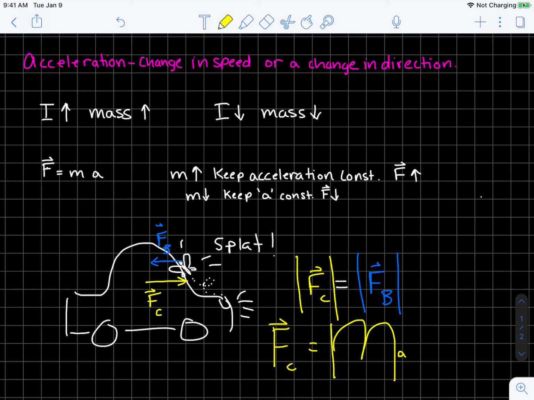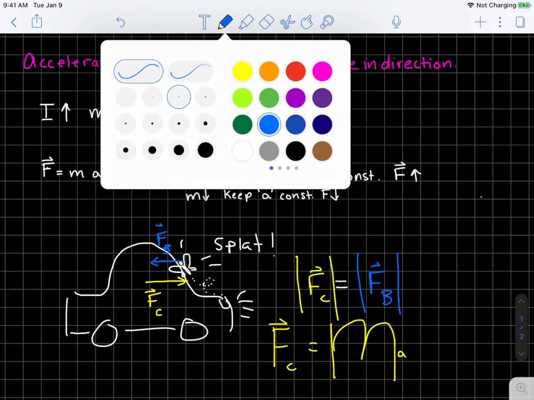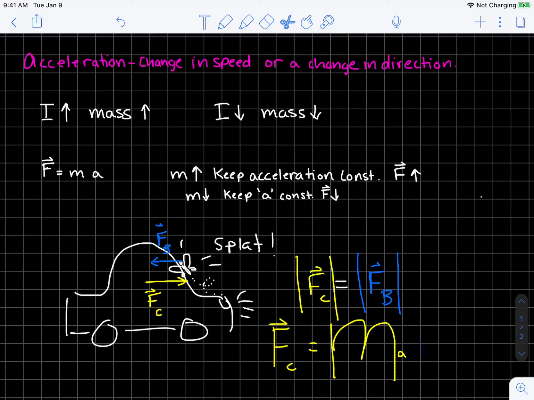So you have the force of your car, the windshield, hitting the bug, represented here with the yellow. And then take a look at what happens with the bug's force. I just told you that the bug is going to hit that windshield with the same force. Well, the bug is really, really small. So we're going to use a little tiny m to represent the bug, really small mass.